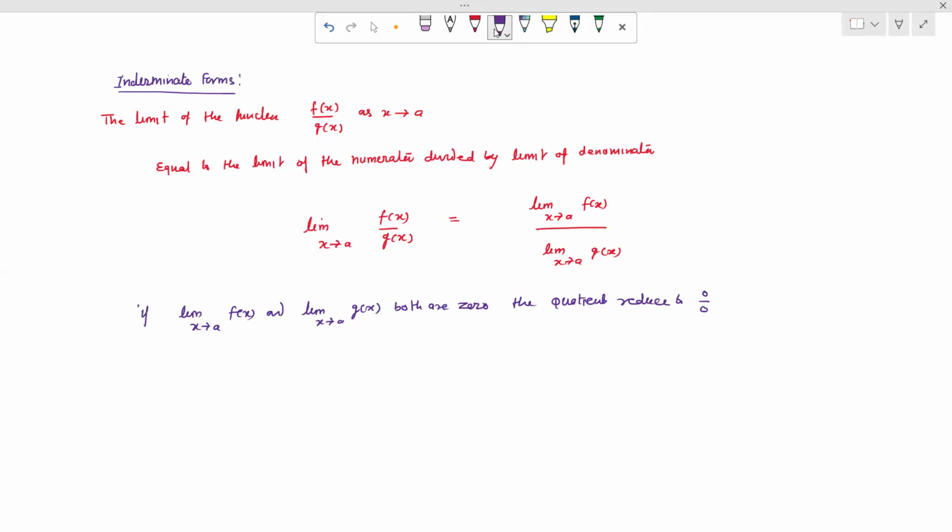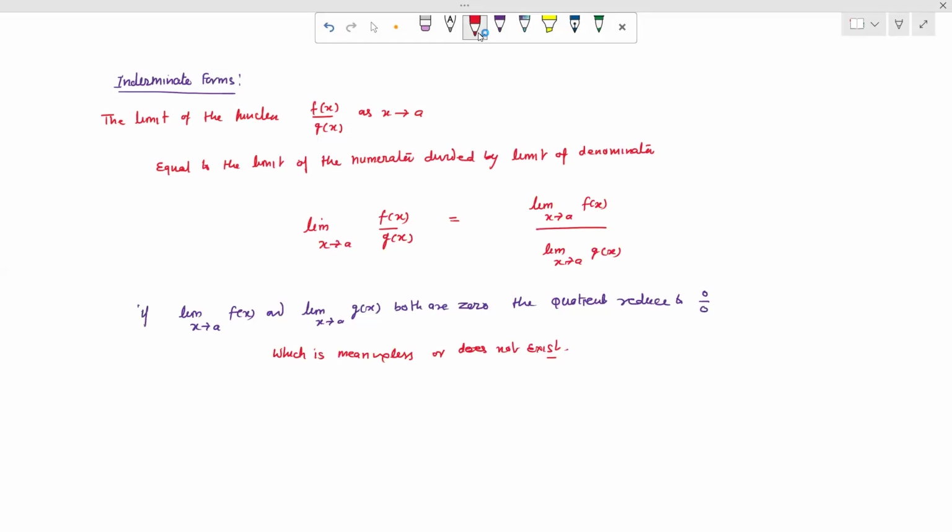So 0 upon 0 is meaningless, or we can say that the limit does not exist.